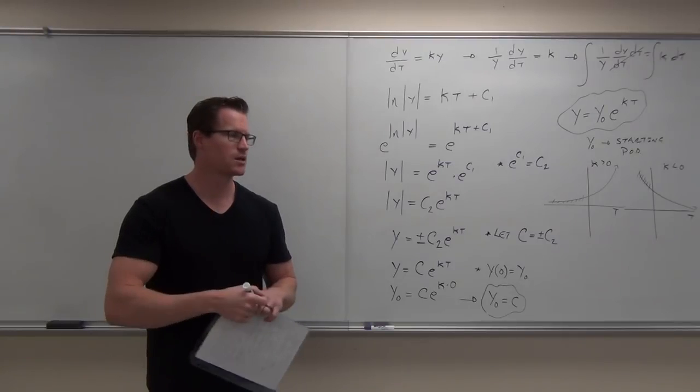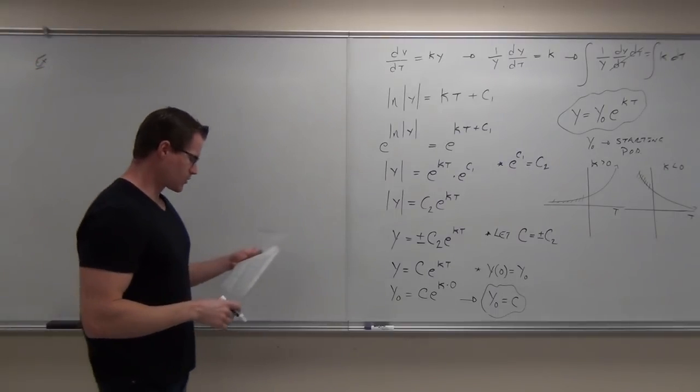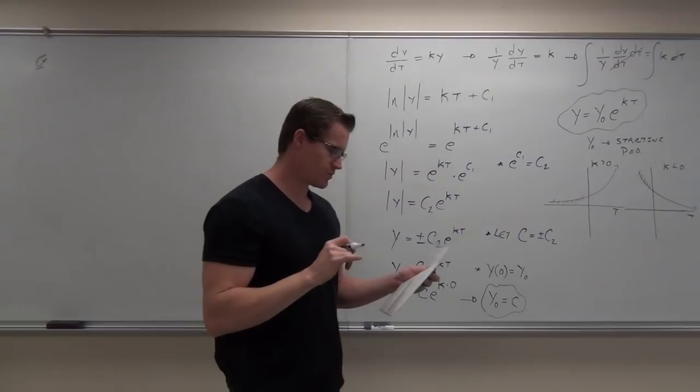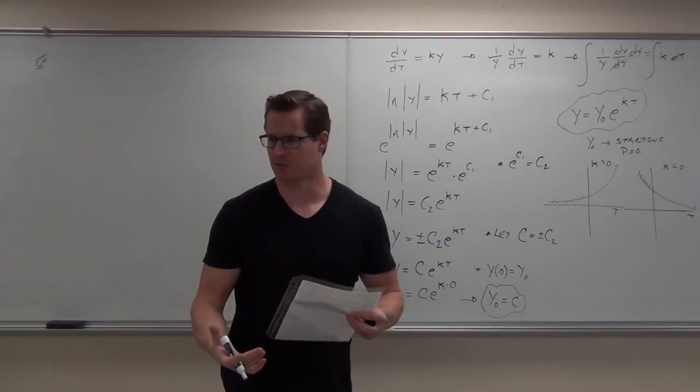Does that make sense? So what we have to state for us to do this, your problem has to be worded something like this: growth of bacteria is proportional to its population. It's got to say something about the proportionality of growth or decay.